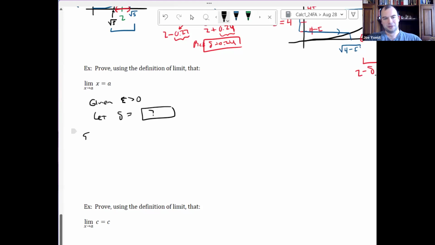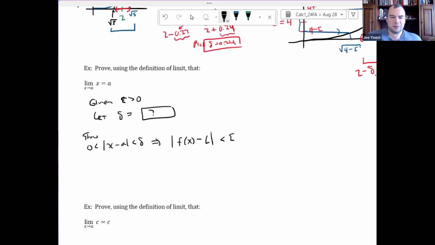And then we want to show that absolute x minus a between 0 and delta implies absolute f of x minus L less than epsilon. So that's the structure of these proofs. I start off by saying given epsilon bigger than 0, it's an arbitrary positive number, but at this point it's fixed. I can define delta on the basis of that epsilon. So delta will typically be a function of epsilon.